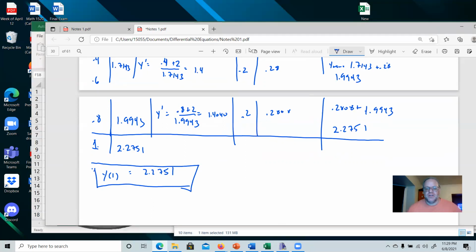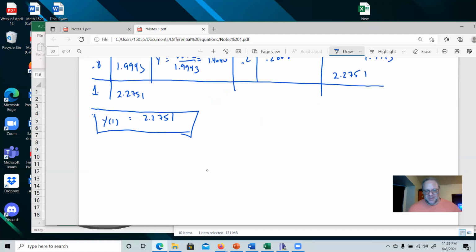Okay, so let's talk a little bit more about this example. So we had y prime is equal to x plus 2 over y, and y of 0 is equal to 1. We could just solve this. We didn't need to go through all of this.